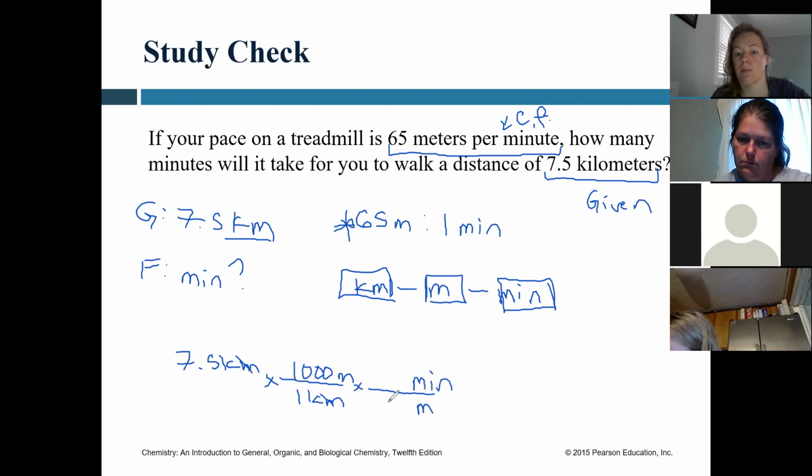And I just fill in the appropriate numbers. So 65 for meters, and that's in every 1 minute. Remember when it says per something, you just put an inferred 1 on the bottom unit. The number sticks to the top unit. So meters will cancel and we take this 7.5, multiply it by 1,000 and divide it by 65, and we'll be left with just units of minutes.